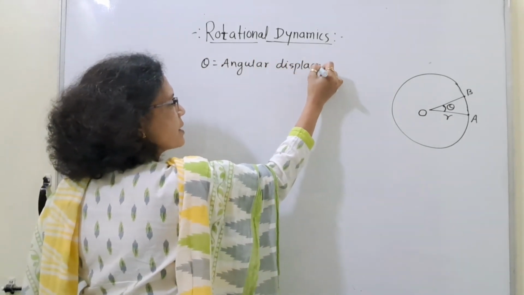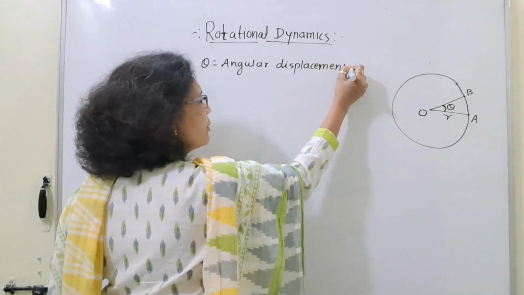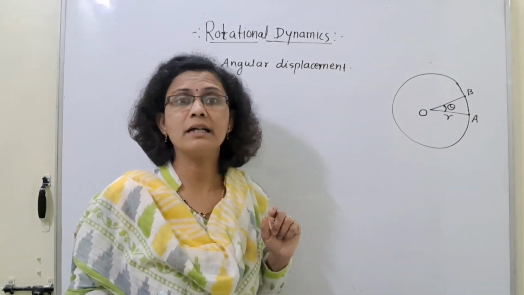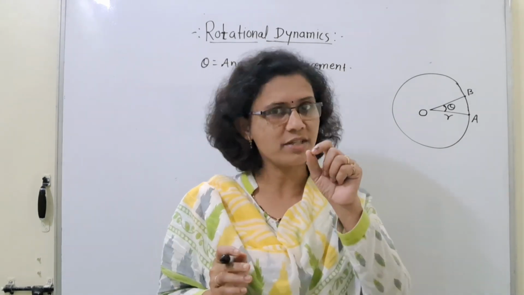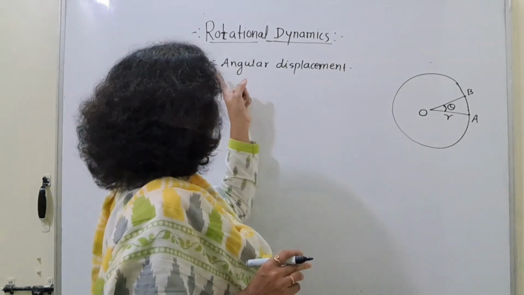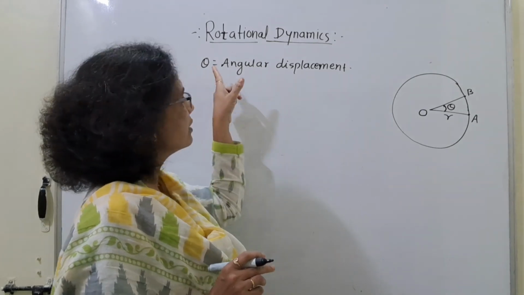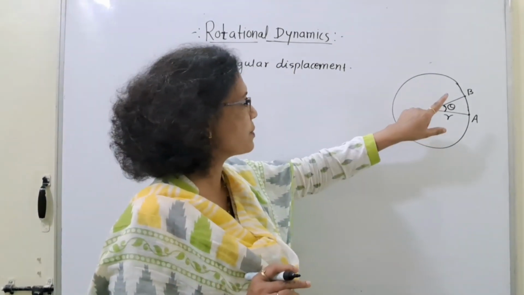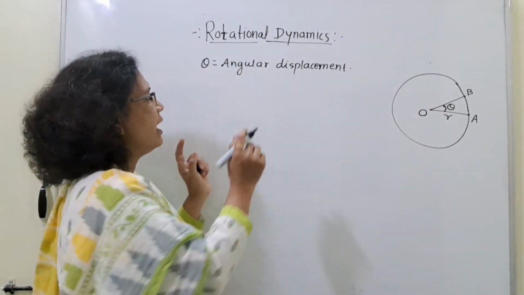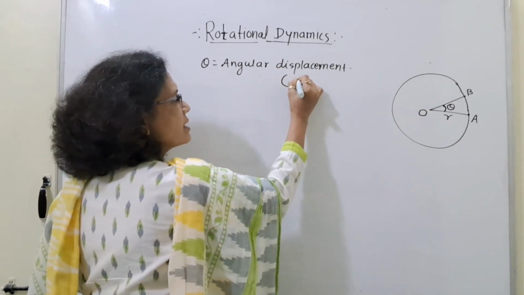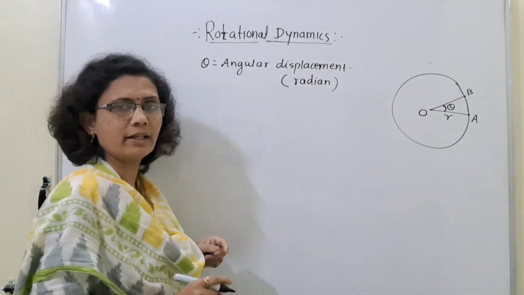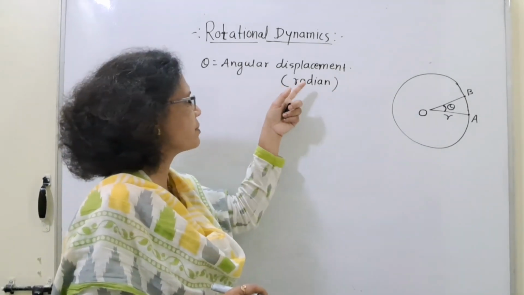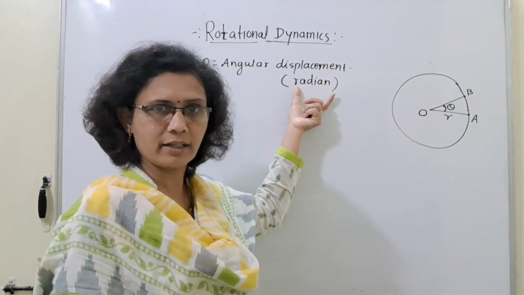In rectilinear motion, you have seen linear displacement, and the notation for that was s. In angular motion, the angular displacement is denoted by theta, and its unit is radian.